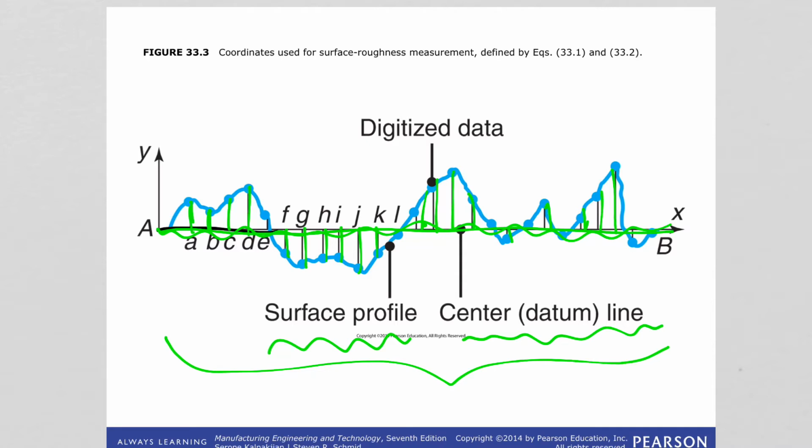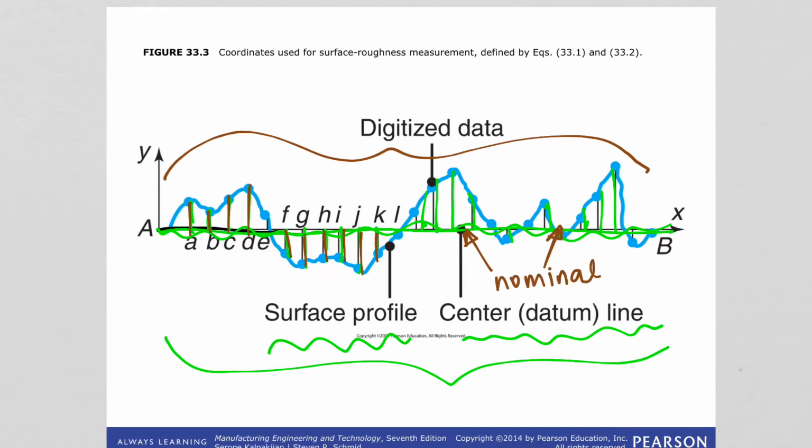So this one, their absolute value, sum them up and divide it to how many, the length, right? The length of the part, or n being the number of deviations included in this length. So let's put here this one is actually this one, right? These are nominal surface.